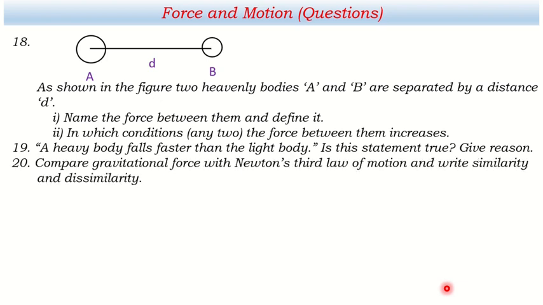Compare gravitational force with Newton's third law of motion and write similarity and dissimilarity. This is a very interesting question. Gravitational force you have to compare with Newton's third law of motion. Do you remember what Newton's third law of motion is? To every action there is an equal and opposite reaction.